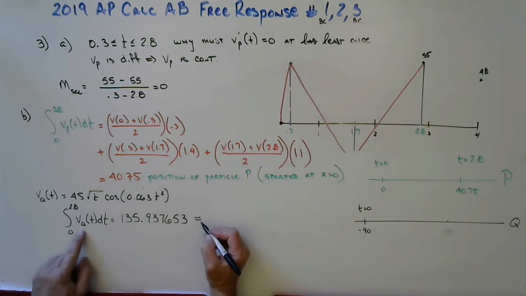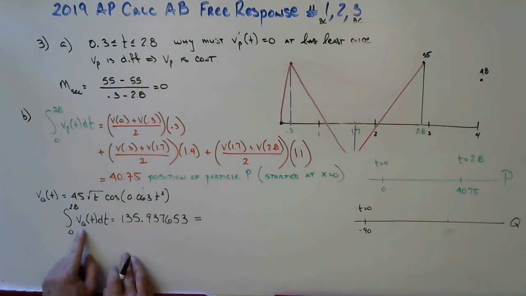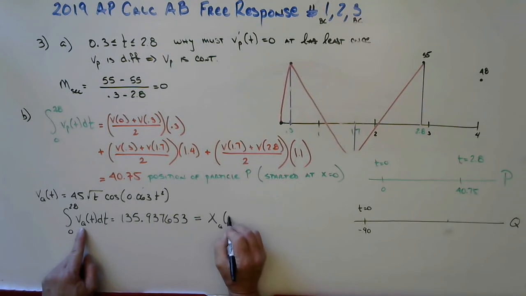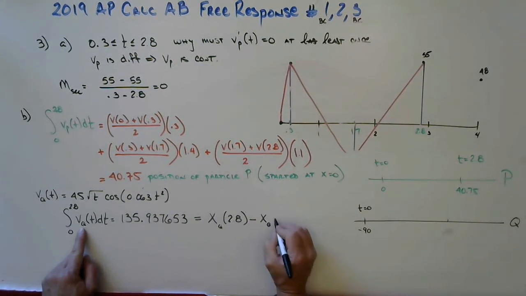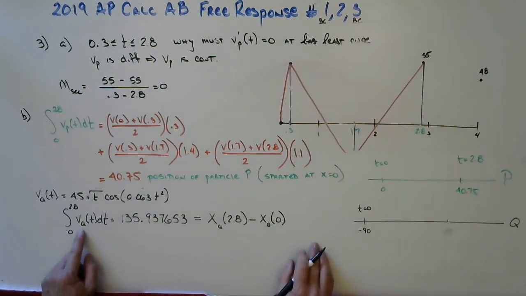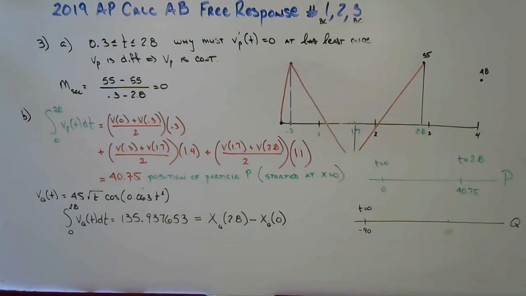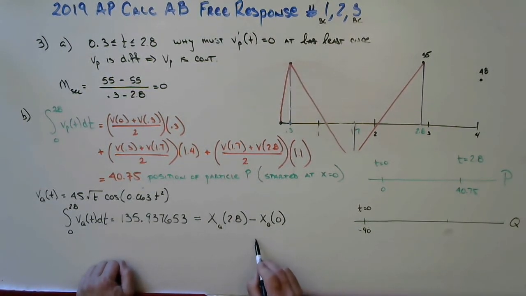This is velocity, so if I integrate velocity, I get position. This is equal to the position at time 2.8 minus the position at time 0, because the integral of velocity is position. Now, they told us that the position right here is negative 90.